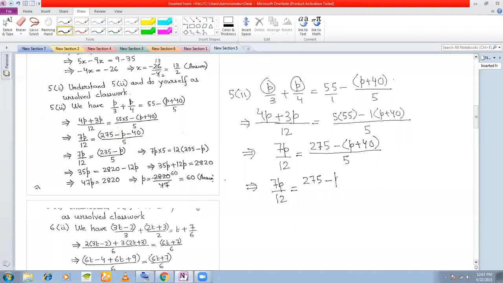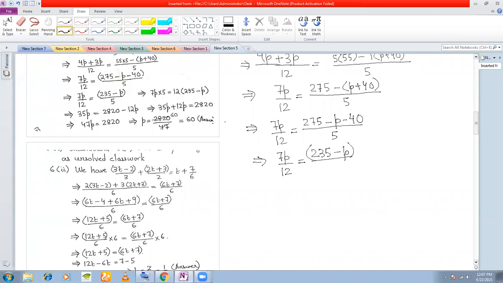Minus p minus 40. We are opening the bracket to simplify the numerator. Divided by 5. So 7p by 12 is equal to 275 minus 40 is 235 minus p. You reintroduce the brackets once you have simplified. Divided by 5.